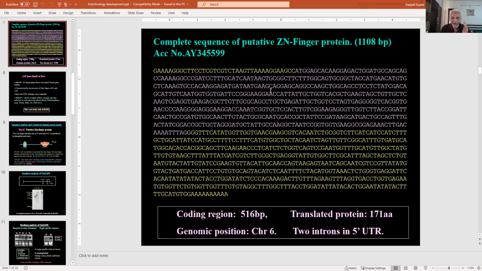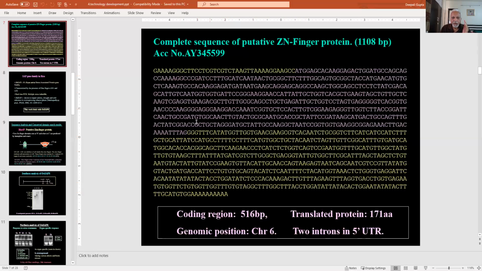For example, in this case, you can see the translation start site and then the poly A tail. So from end to end, the sequence seems to be complete. And when we look for the coding region, it has a 516 base pair coding region starting from ATG to this.